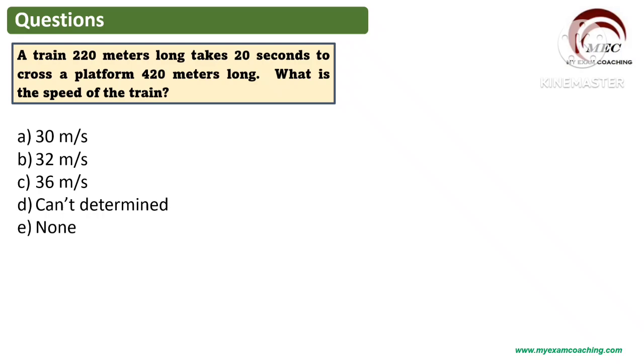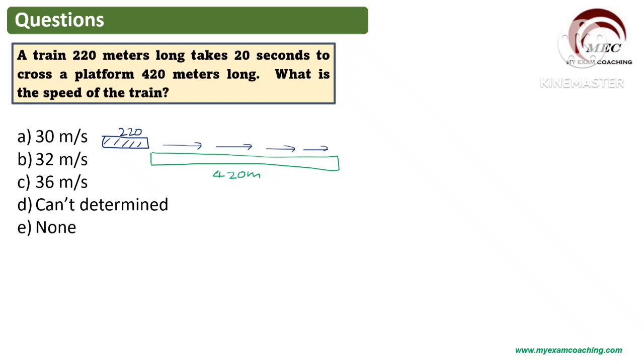Next question. A train 220 meter long takes 20 seconds to cross a platform 420 meter long. What is the speed of the train? Here, suppose there is a platform and this platform is 420 meter, and suppose a train is coming from here, the train is 220 meter, and it will cross like this, and completely it crosses when it reaches here.